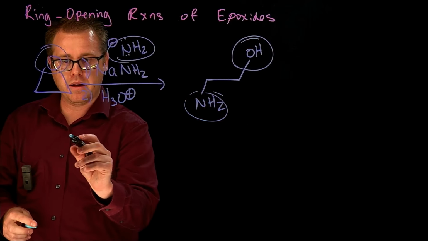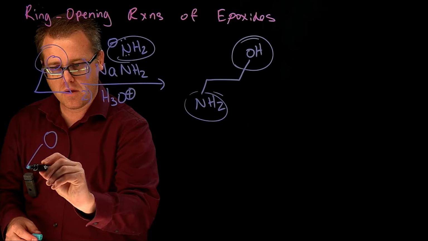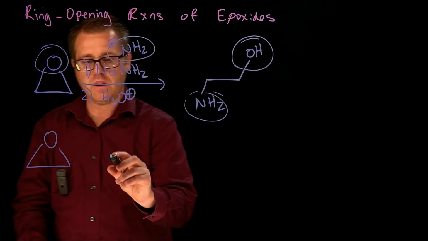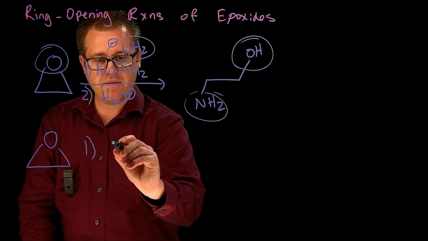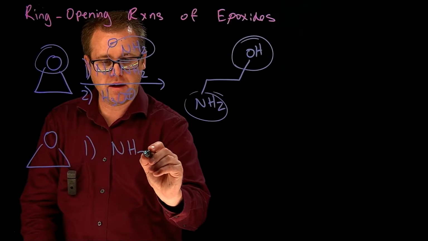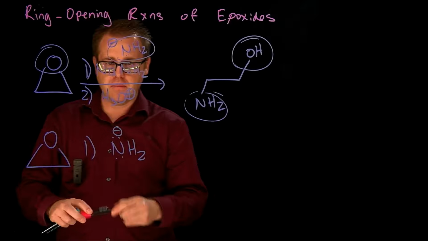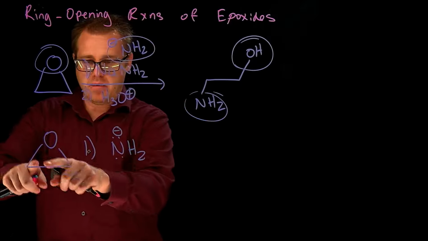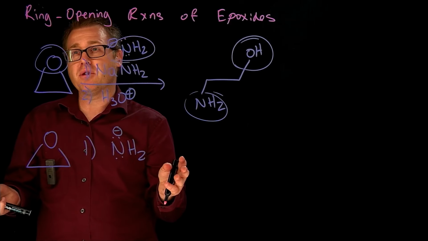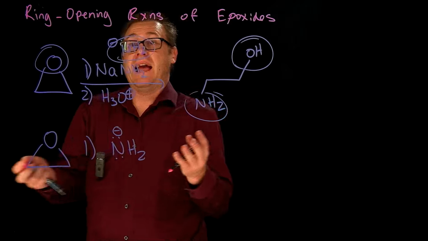So if we redraw the epoxide here, and in step 1 we have our sodium amide right here. What's going to happen is we have an epoxide. It's a 3-membered ring, so it's pretty strained, so it's reactive.